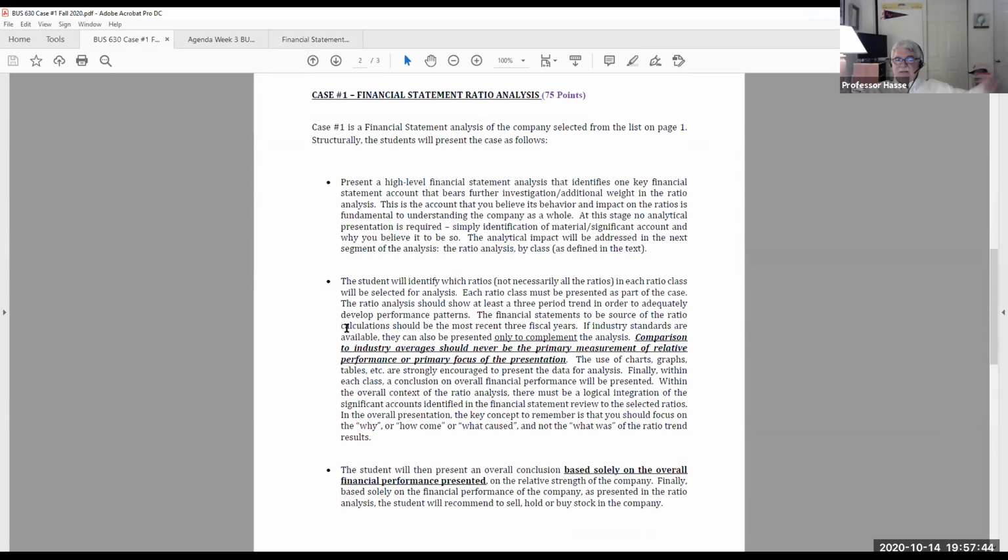That's a big financial statement review by saying, okay, where it says here, present a high-level financial statement analysis that identifies one key financial statement account. The account you're looking at is income statement. You're looking at the profit, the bottom line. And boy, there's a big change over the last 3 years in Delta. That's all you have to say.